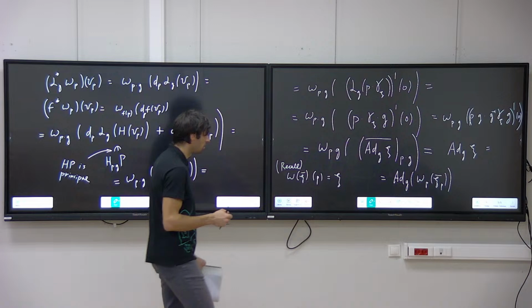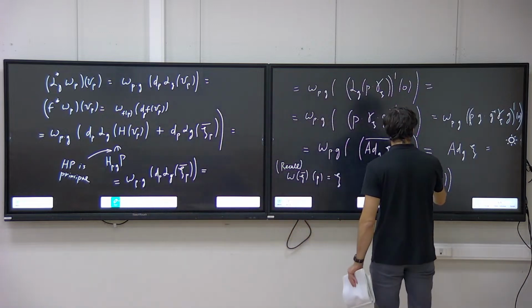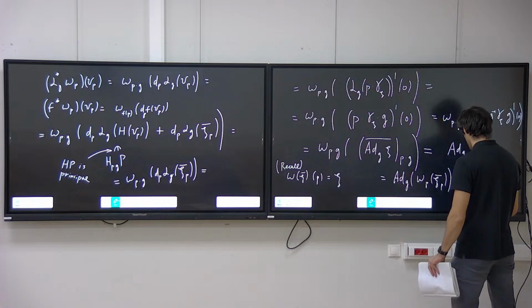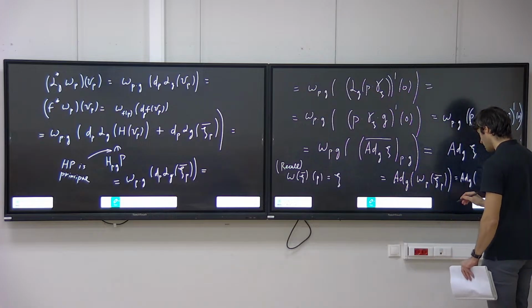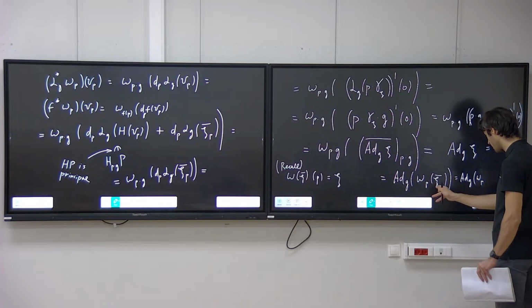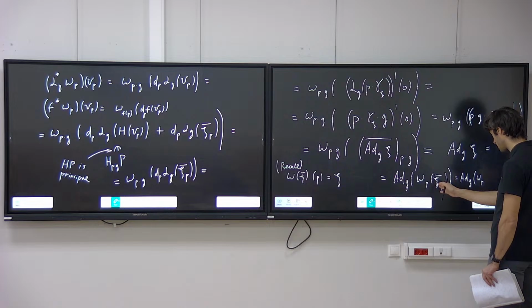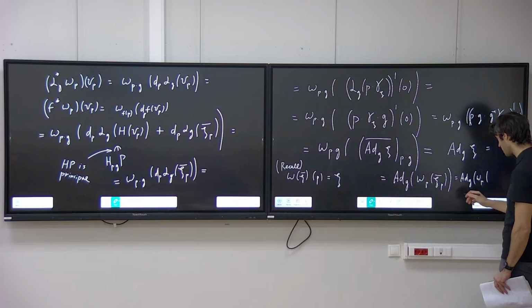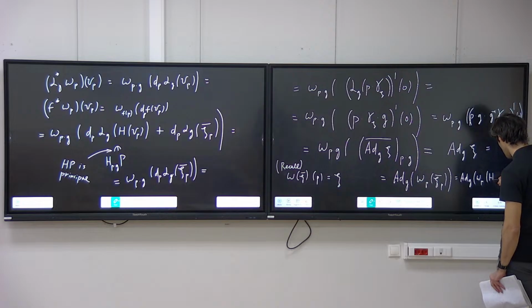Omega P of xi bar P is the same as, so this is at G, right, of omega P. So I need to replace this with V, and I can do this because xi P was K of VP, right? So this is H of VP plus K of VP.